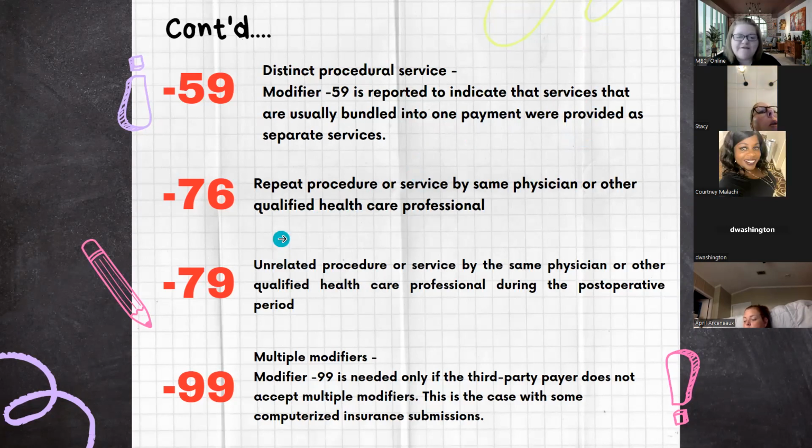All right, so modifier 76 is a repeat procedure or service by the same physician or other healthcare professional. So Danielle, correct me if I'm wrong, but what Courtney was just talking about, if they went in and took care of some skin cancers one day and they had to go back and do a repeat, would they use the modifier 76?